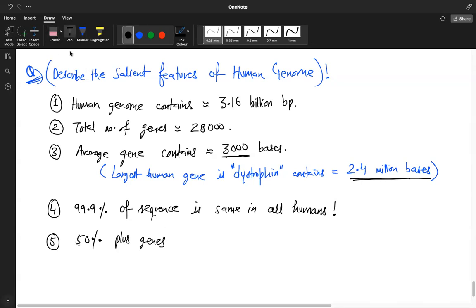Write down, the function for over 50% genes is unknown. We don't know what they do.